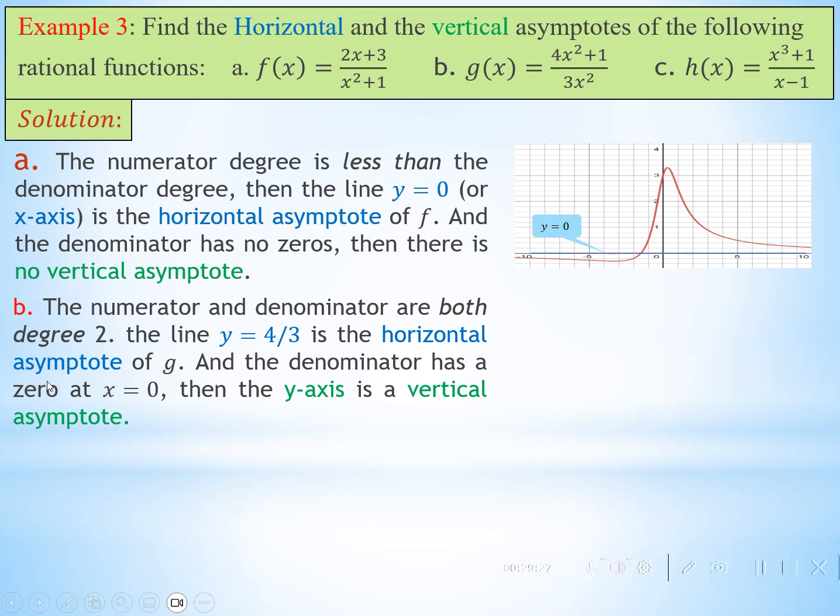Very simple. And the denominator has a zero at x equals 0. If x equals 0, the denominator equals 0. So here there is one vertical asymptote. Its equation is x equals 0.